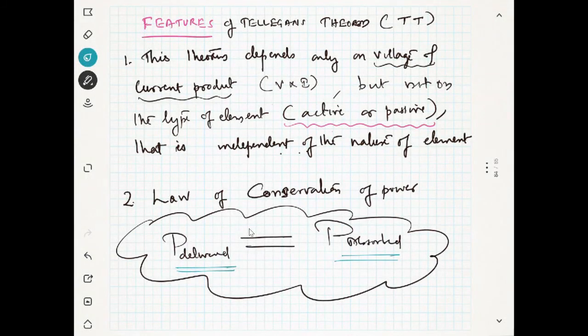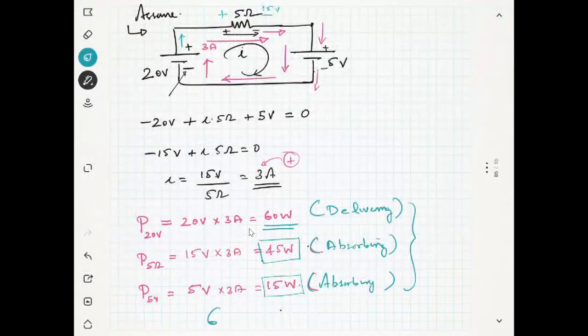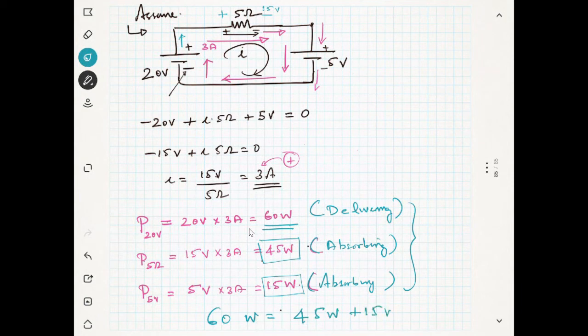Power delivered is equal to power absorbed, or I can say 60 watts is equal to 45 watts plus 15 watts. This is absorbing, and this is delivering. I hope that this is very clear to you, right? I will move on to the next problem. We will see a lot of problems today. It's clear?